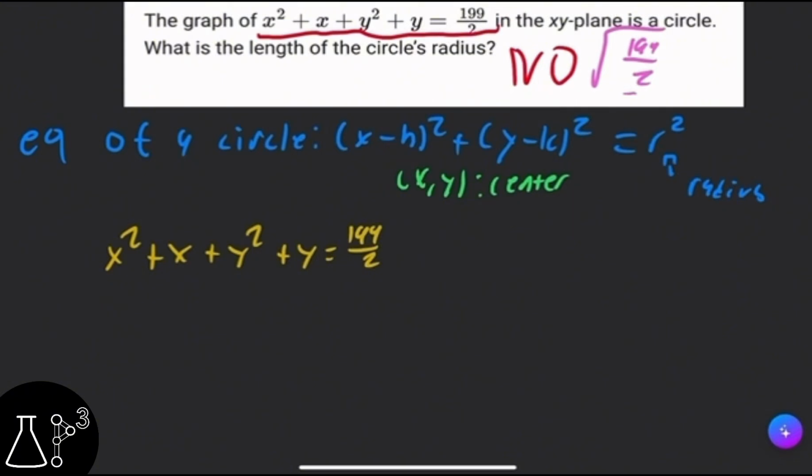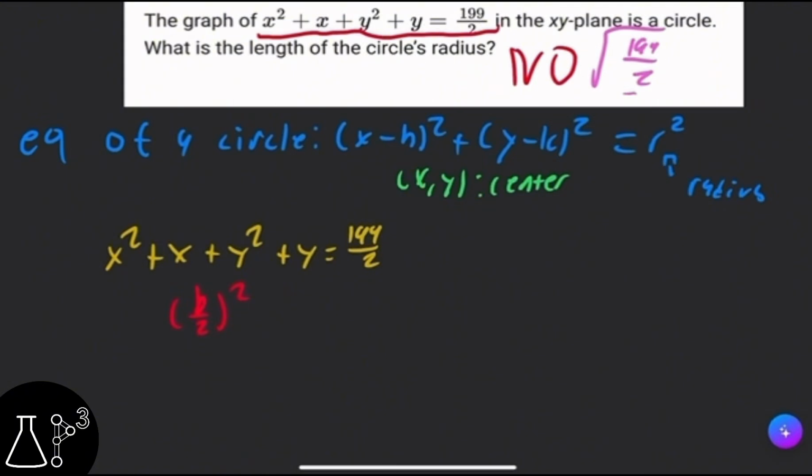We want to condense this huge equation into the equation of a circle that we went over. But how can we do that? We have to use a rule called b divided by 2, squared, in order to make the perfect square.